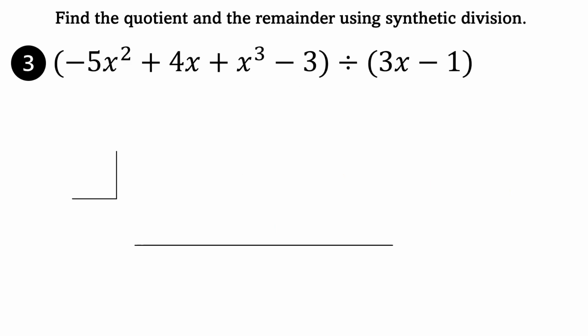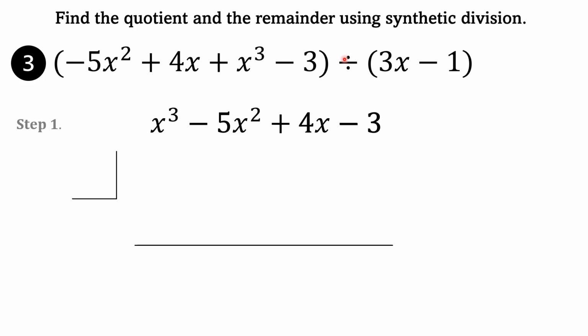Another example: negative 5x squared plus 4x plus x cubed minus 3, divided by 3x minus 1. Arrange the terms of the polynomials in descending order.